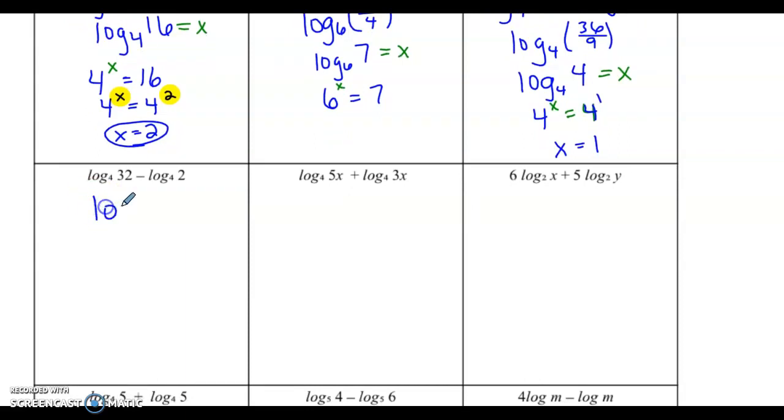All right, again, we've got the quotient rule here, so 32 divided by 2. So we can rewrite it logarithm base 4 of 16. And we can say 4 to what power is 16?